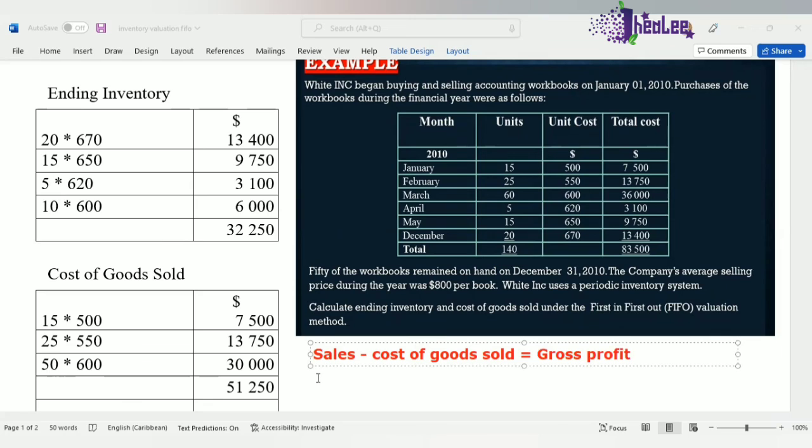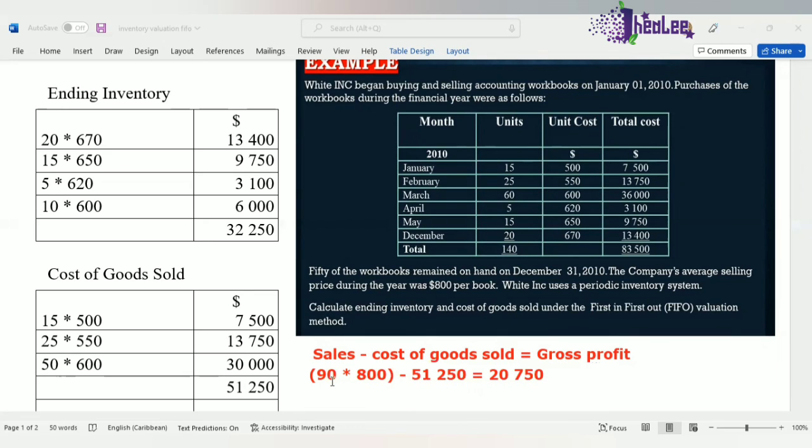Now, in order for you to get your sales, remember in the question you were told that each book was sold for an average cost of $800. So if you sold 90 units, your sales would be the 90 times the $800 per unit. And then from that, you will subtract your cost of goods sold that we have determined earlier, which is $51,250. And that would give us a value of $20,750 as our gross profit.